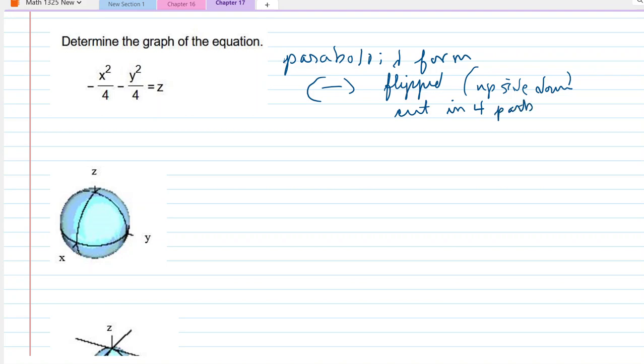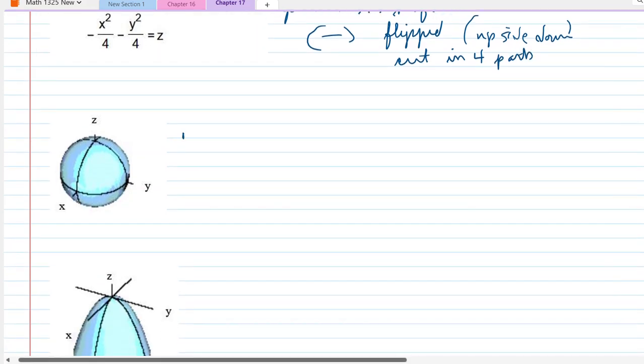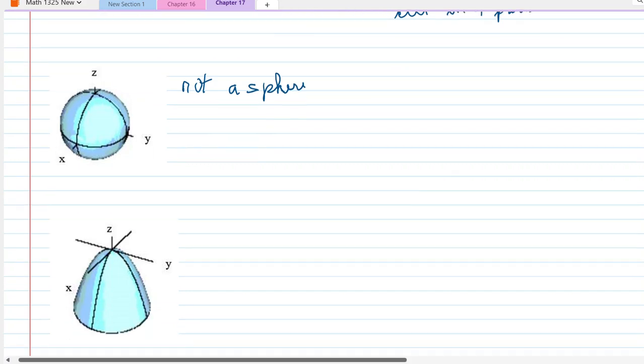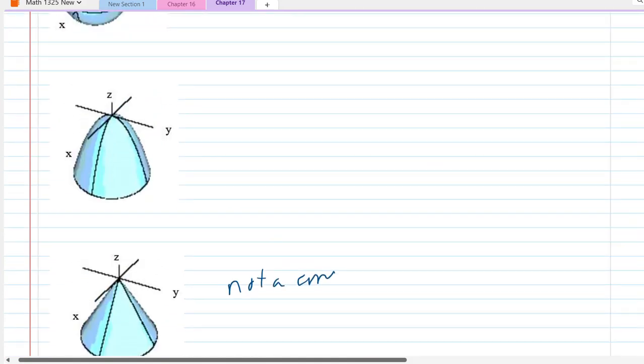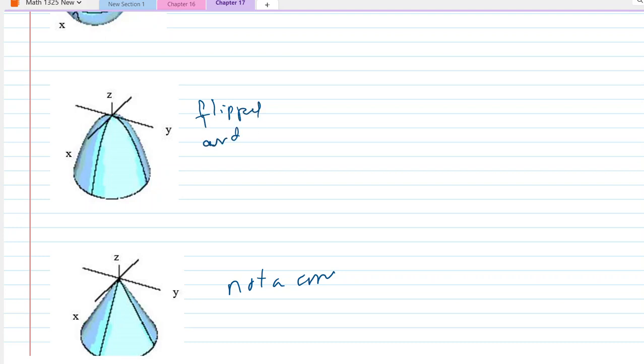So we know it's not a sphere. And we know that it's not a cone. And here we see it flipped and adjusted for division of 4. So this is our answer.